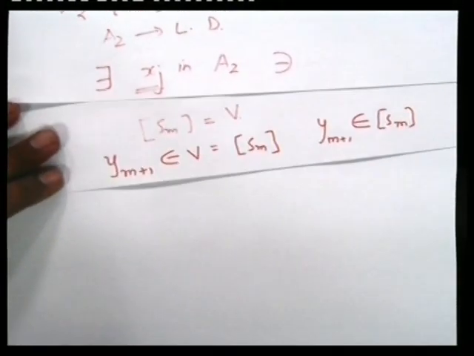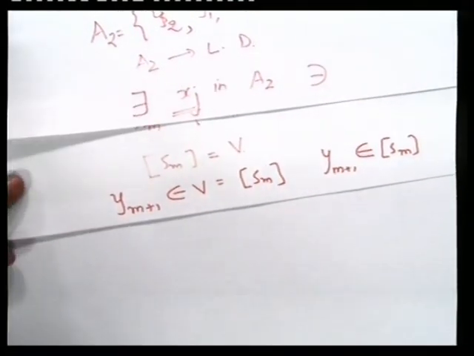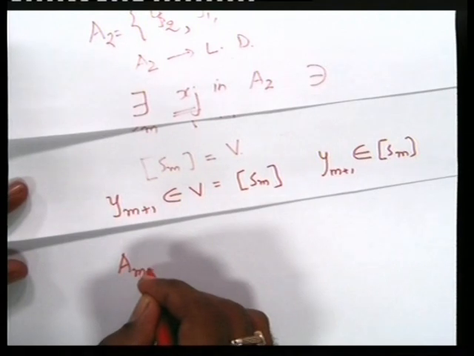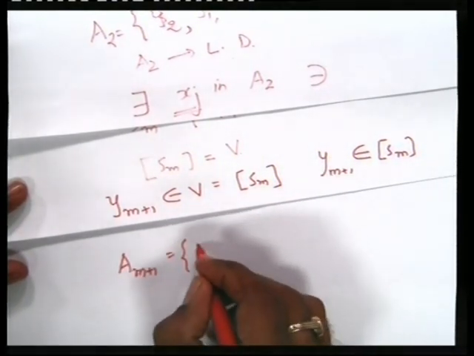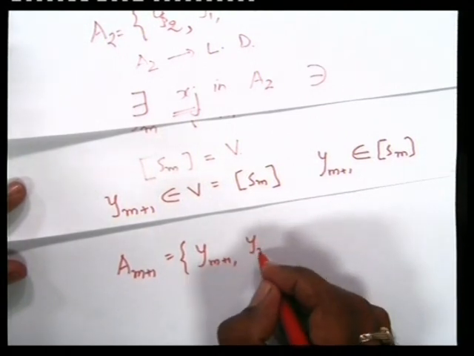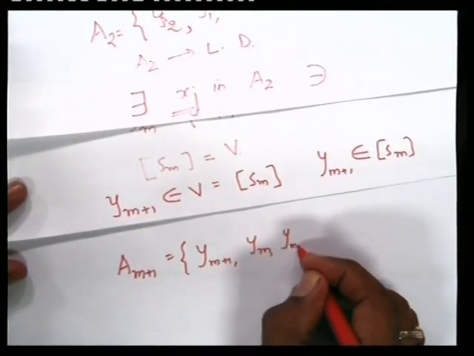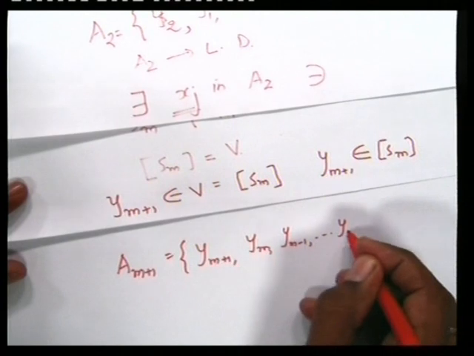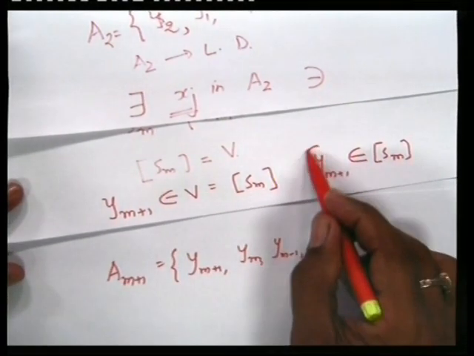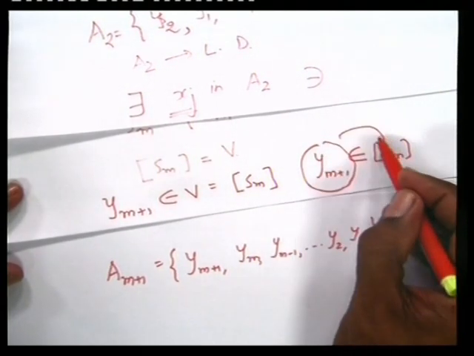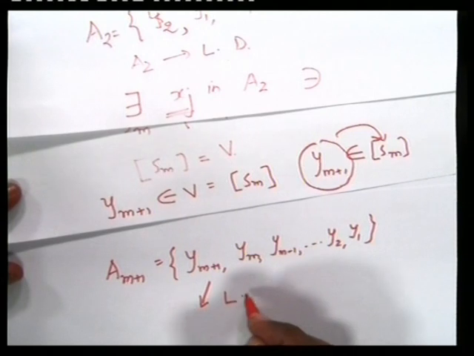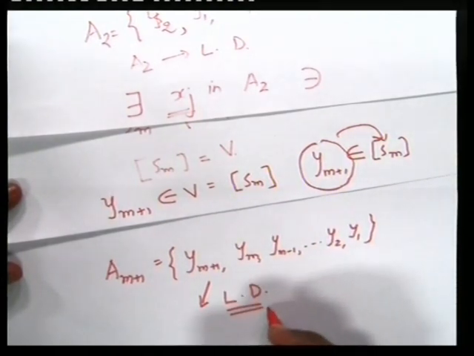And when ym plus 1 belongs to the span of Sm, then the set Am plus 1, which is ym plus 1, ym, ym minus 1 up to y2 and y1, and as ym plus 1 can be expressed as a linear combination of Sm, this set is definitely a linearly dependent set.